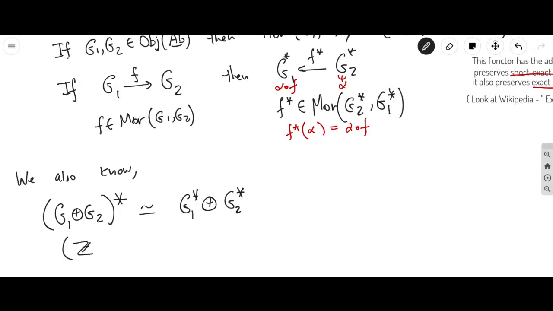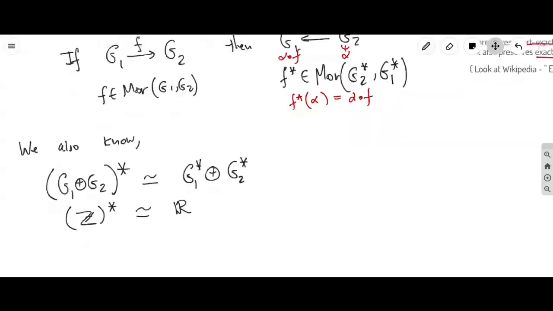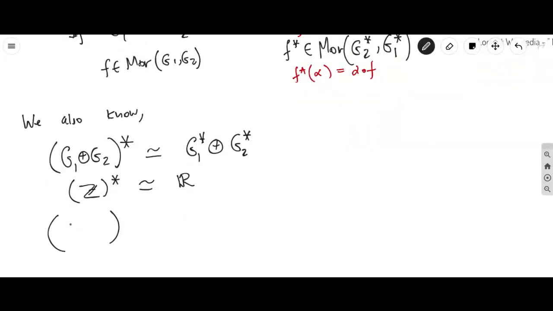Likewise, if you take the integers and take the dual of the integers, you get something isomorphic to the reals. And finally, the other property we mentioned is that if you take a finite abelian group, Z mod NZ, then the dual of that is isomorphic to the zero vector space, the vector space that just consists of the zero vector.